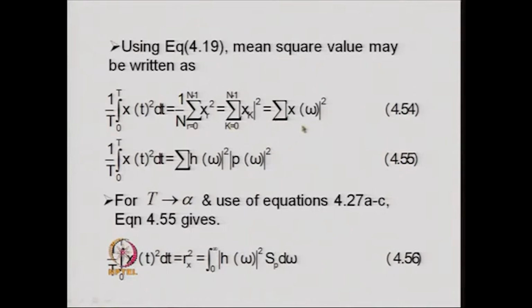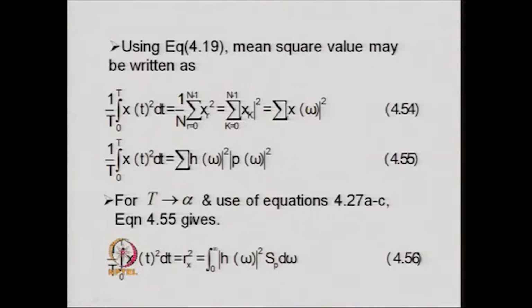So, using this relationship, one can write down the mean square value of the response as h(omega) absolute square and p(omega) absolute square at each frequency, because the multiplication of these two is equal to this that we have shown before in the previous equation.